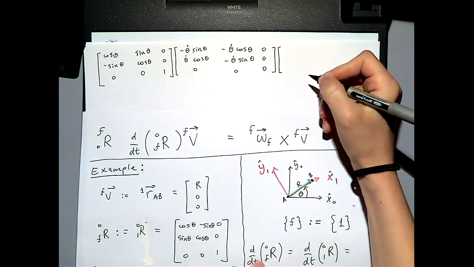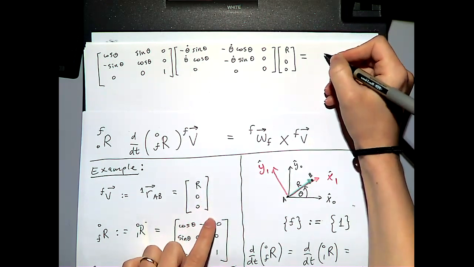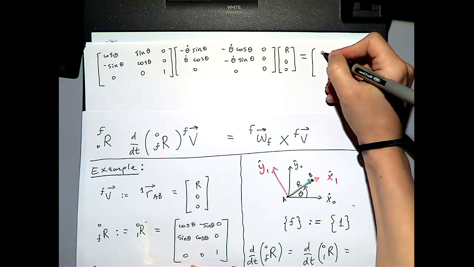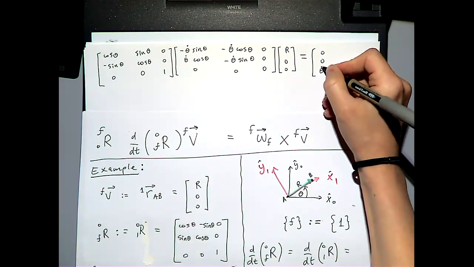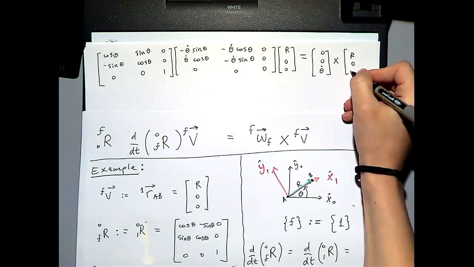That times R, 0, 0 should be equal to 0, 0, theta dot cross with R, 0, 0.